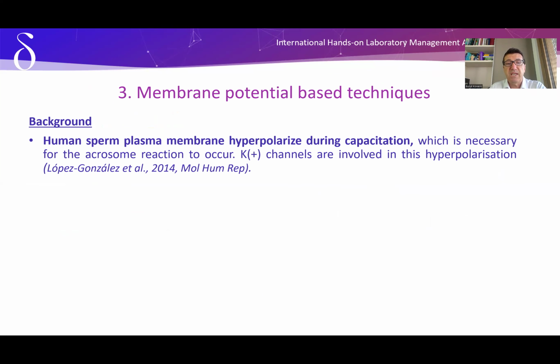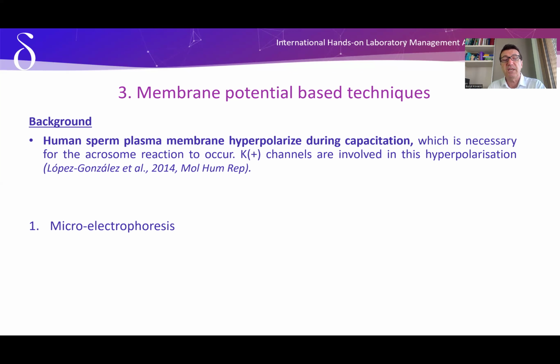The membrane potential-based techniques, we should note that human sperm plasma membrane hyperpolarized during capacitation, and this is necessary for the acrosome reaction to occur. Potassium channels are involved in this hyperpolarization, and based on these characteristics, there are two methods.